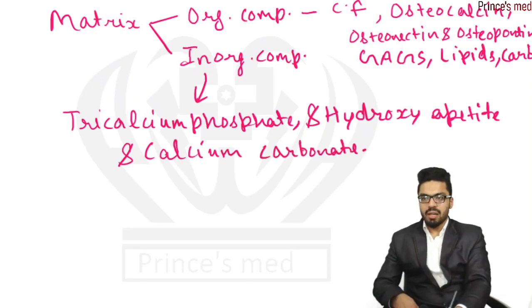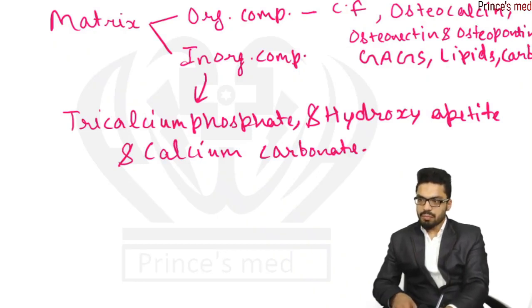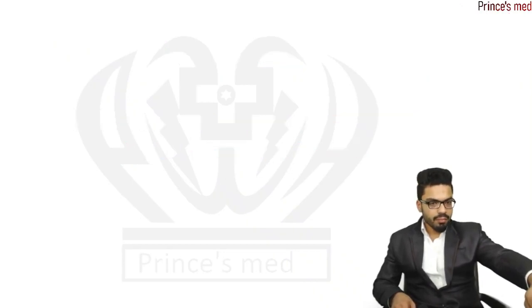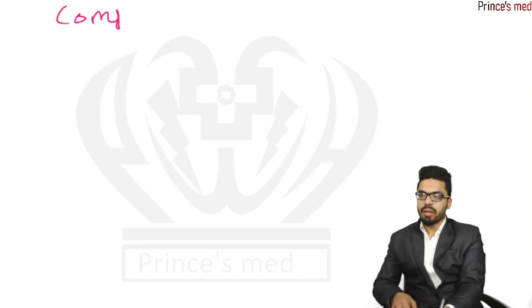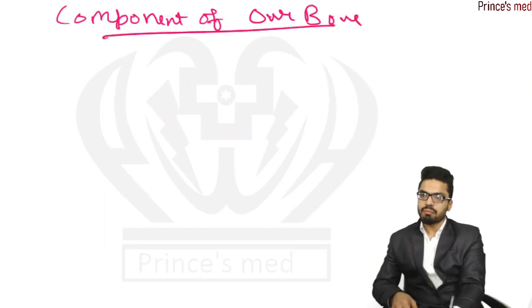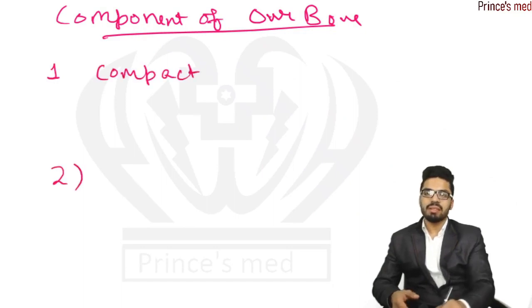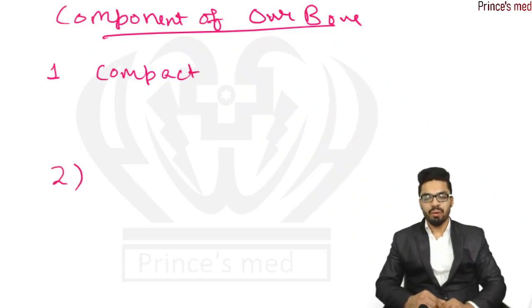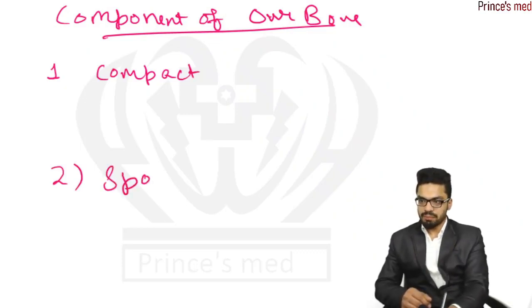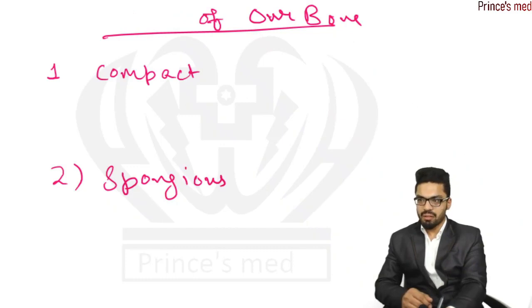Now we will see the components of our bone. Our bone has compact bone and spongy bone, which is also known as the organization of our bone. So first of all, name it organization.